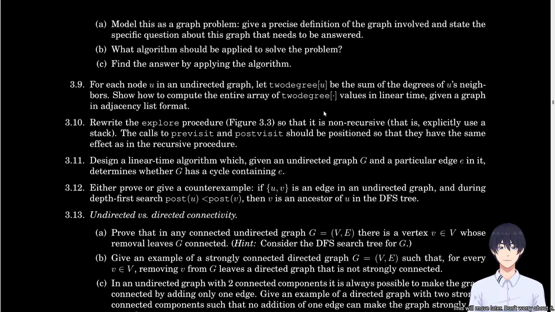So let's say, where's my pen? I forgot to turn it on, but let's say A, V, U. See A, let's say this is 1. We see V, pre 2, post 3.